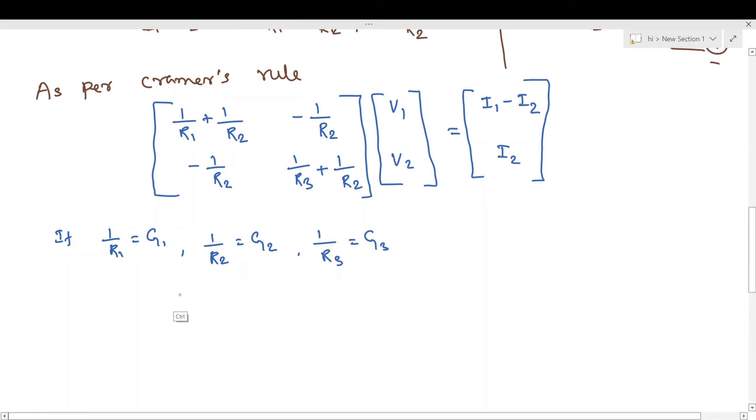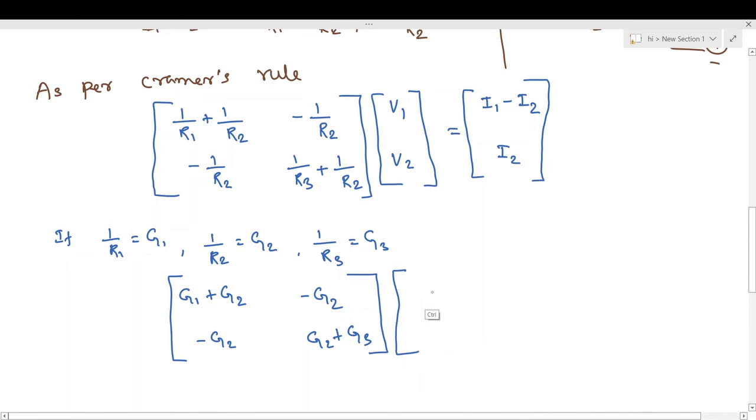Now we can simplify the above matrix to G1 plus G2, minus G2, and minus 1 by R2 will be minus G2, 1 by R3 plus 1 by R2 will be G2 plus G3, and we close this matrix.